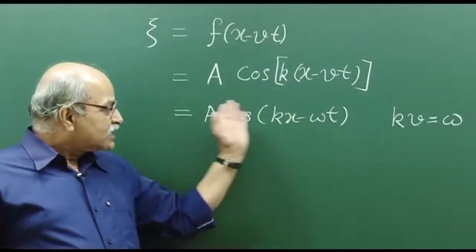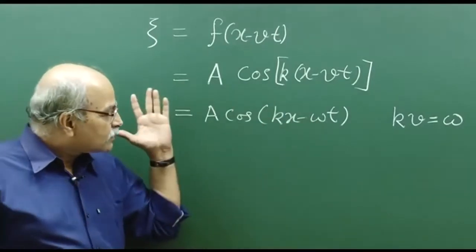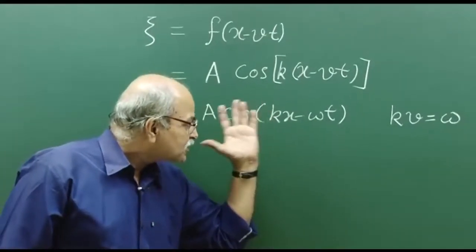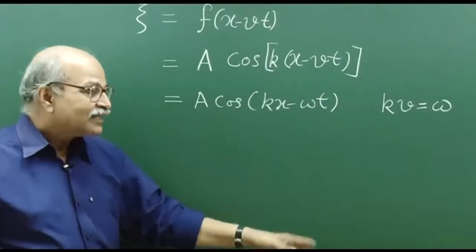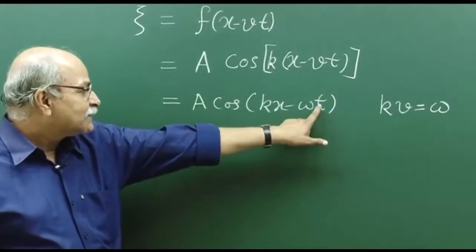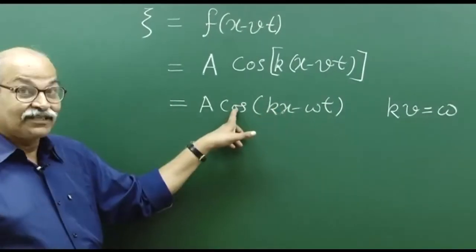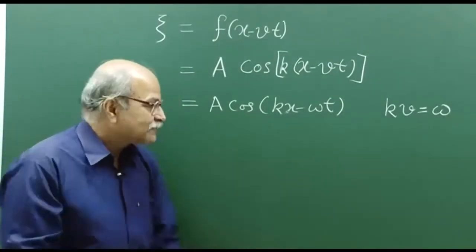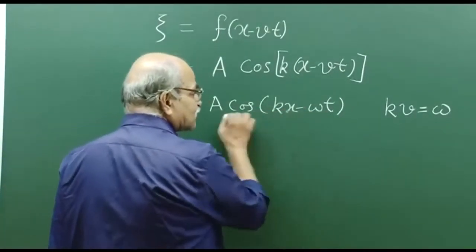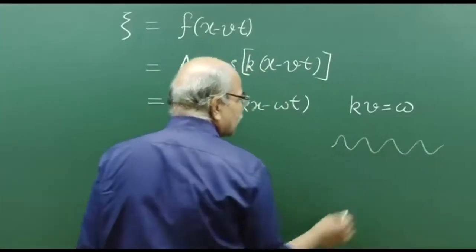And if this is the kind of wave, then it will have a periodicity in space and a periodicity in time. At a particular instant, if you see, it changes with x, and that also is this cosine function. So you will have periodicity in space, because of this cos function, if you plot, it will be like this.